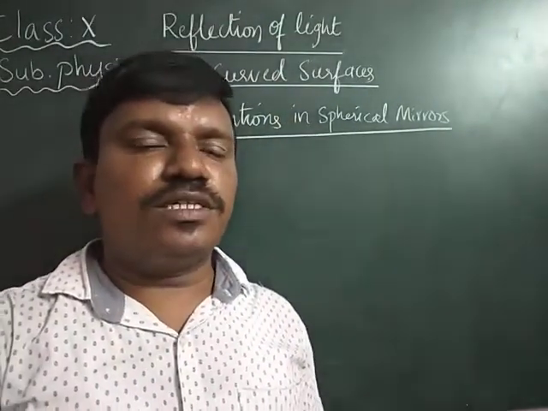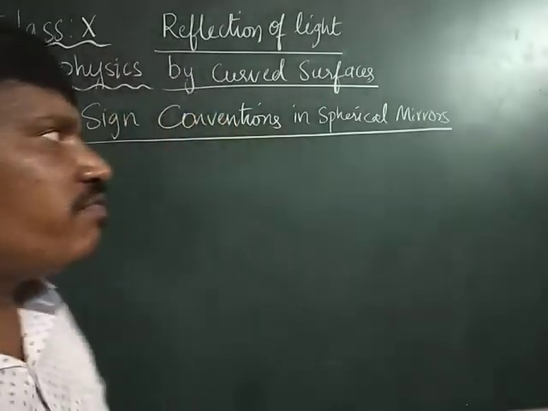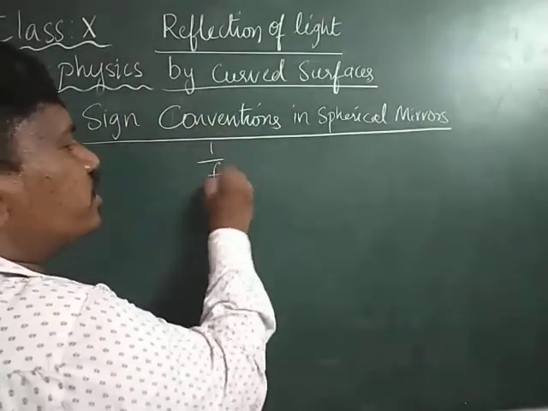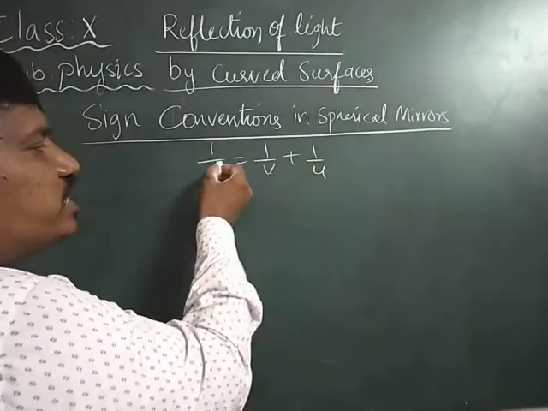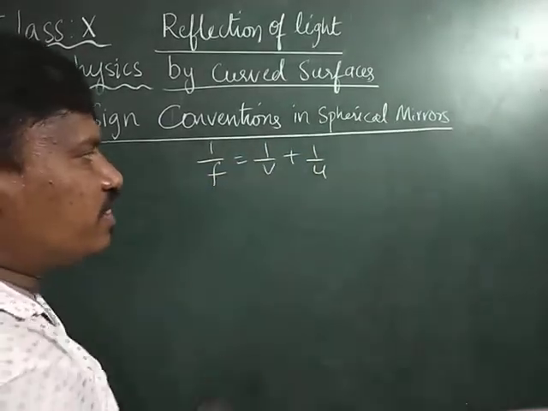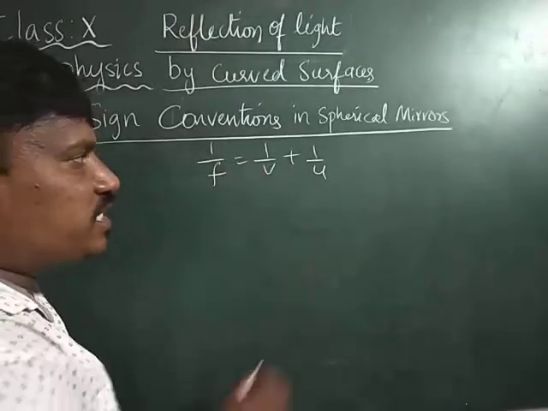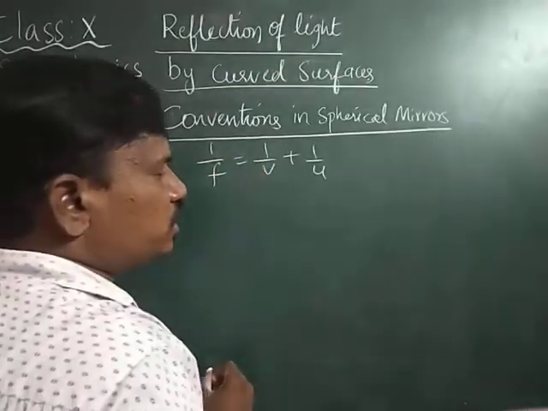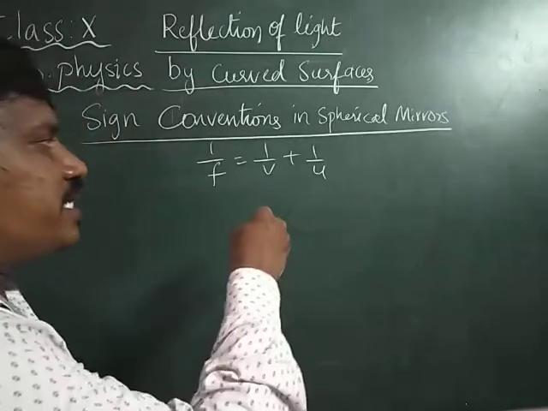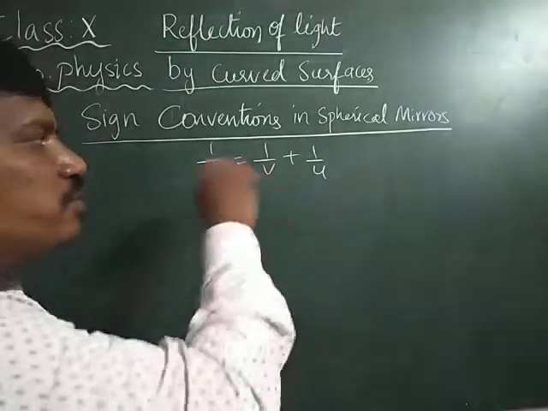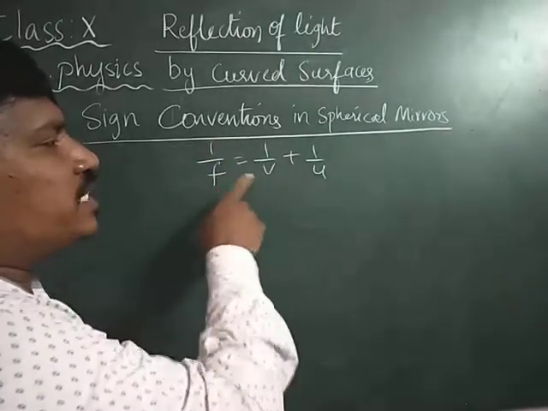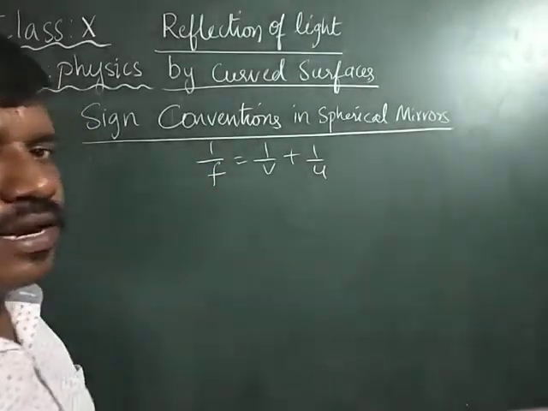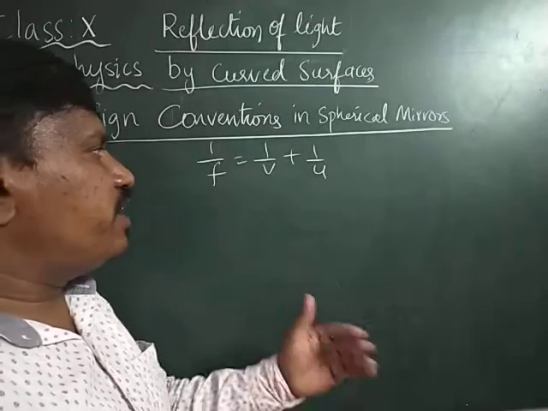Sign conventions means, as we have the mirror formula, 1 by f is equal to 1 by v plus 1 by u. In this we have f, the focal length, v, the image distance, and u, the object distance. Therefore, we represent them as a positive or negative value based on the type of the mirror that we are using.